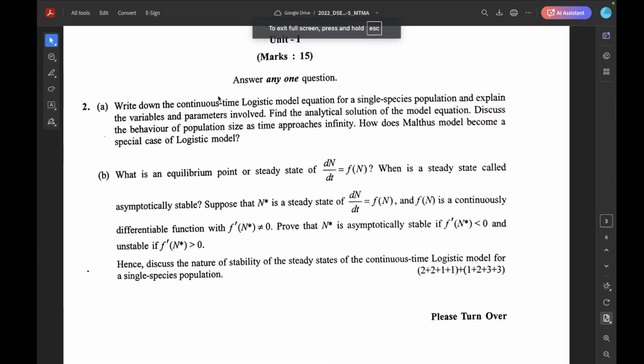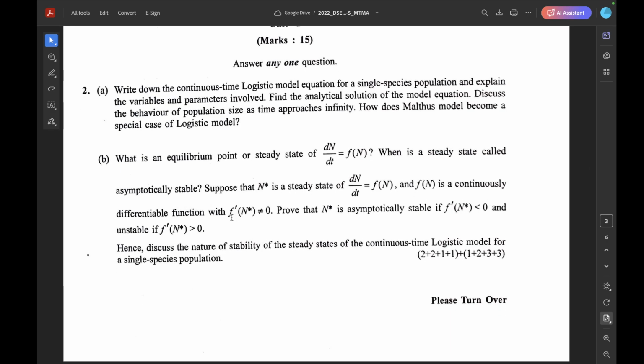Next, question 12, 2b. What is an equilibrium point or steady state of dn/dt equal to f(n)? When is a steady state called asymptotically stable? Suppose that n star is a steady state of dn/dt equal to f(n), and f(n) is a continuously differentiable function with f dash (n star) not equal to 0.